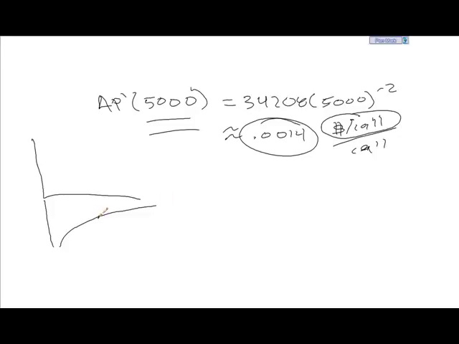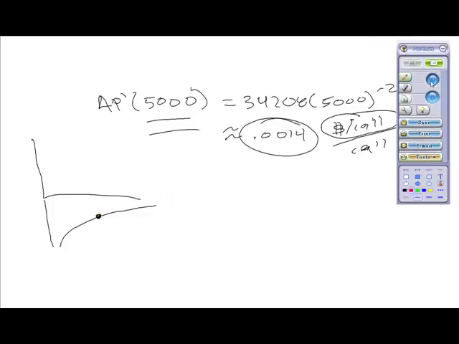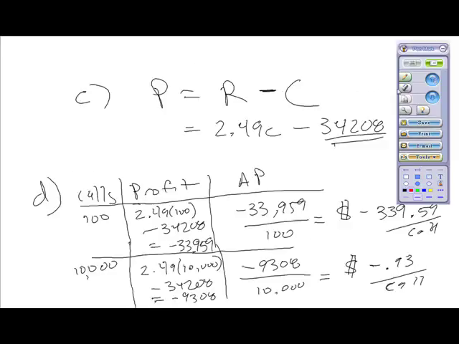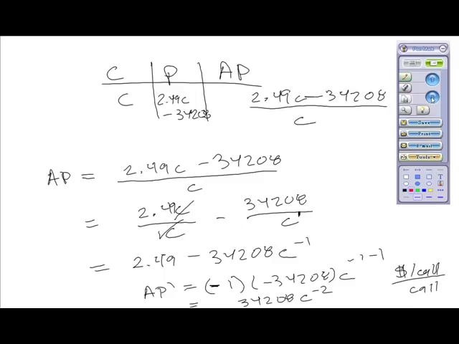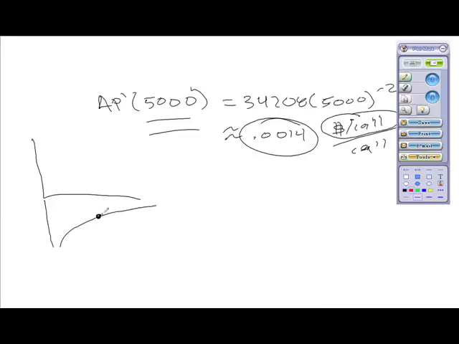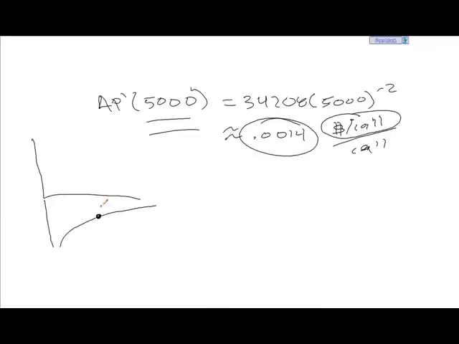Even though our profit is negative, going from 100 to 10,000 calls made our profit, well, it's still negative, but it's a greater profit, right? Because this is less of a negative number, meaning it's moving more towards positive numbers. So even though we have a loss, our loss is getting smaller and smaller, which means our profit is actually growing. Strange thing, huh?